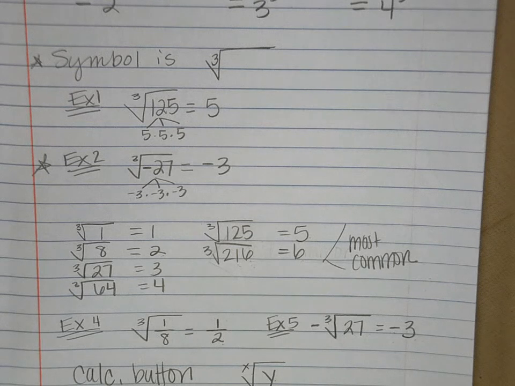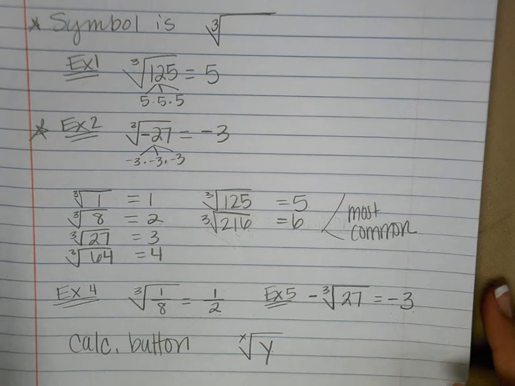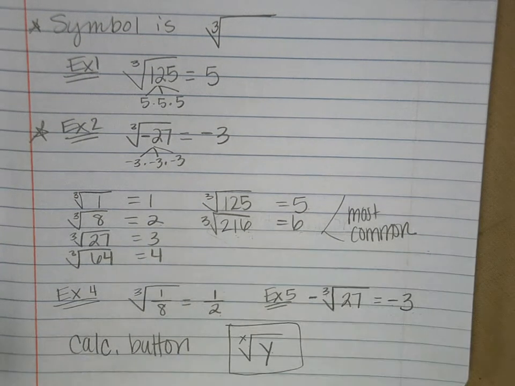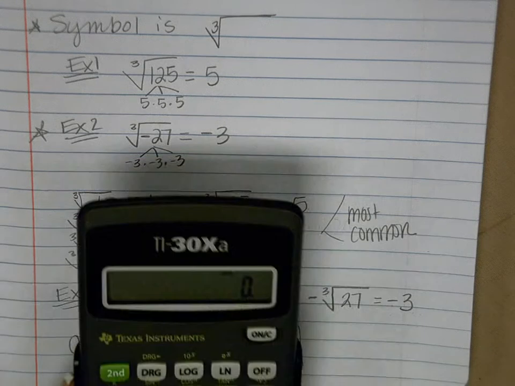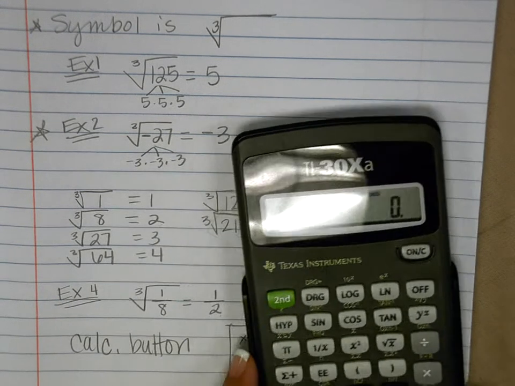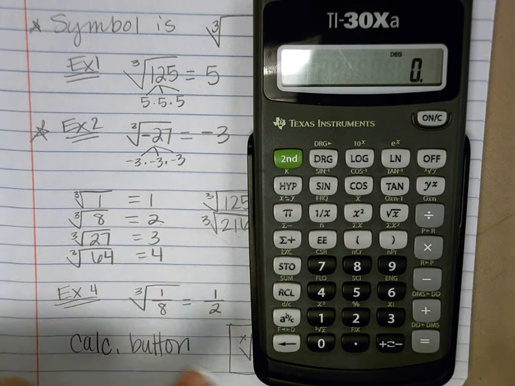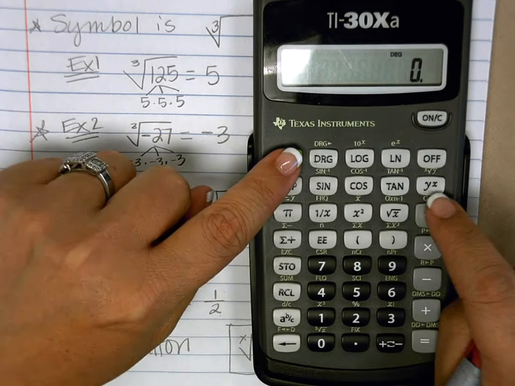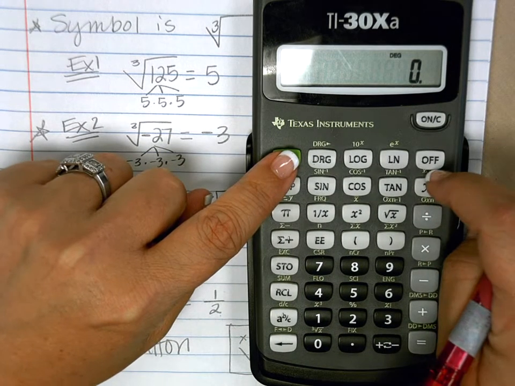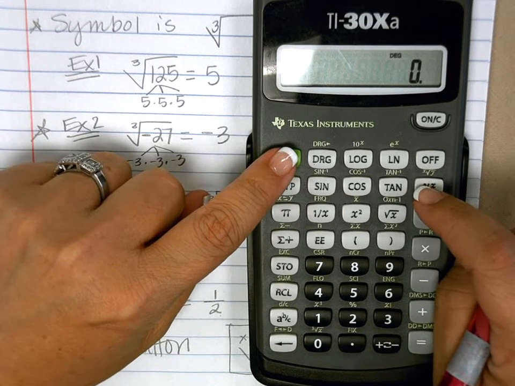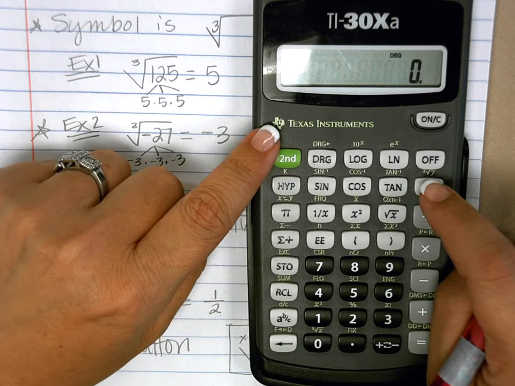So I'll show you on my calculator. I have mine right here. To see it's Y to the X, and then above it is cube root, or it could be really any root, 4th root, 5th root, but you can use this later on in math too.